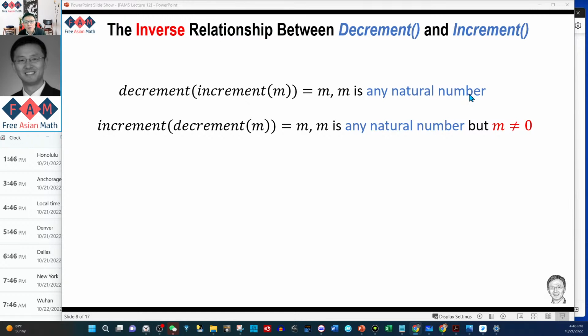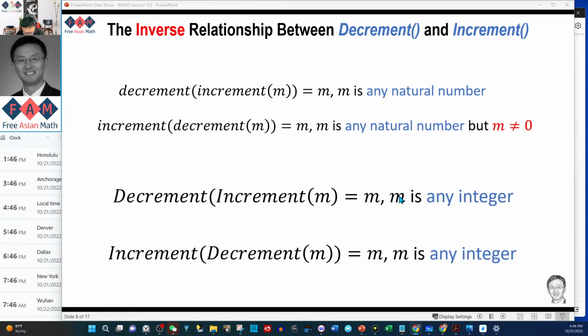Now, after we expand our numbers into all integers and generalize the increment decrement to capital I, capital D, we are not limited by this M not equal to 0 constraint. So we have a free version like this. M any integer.